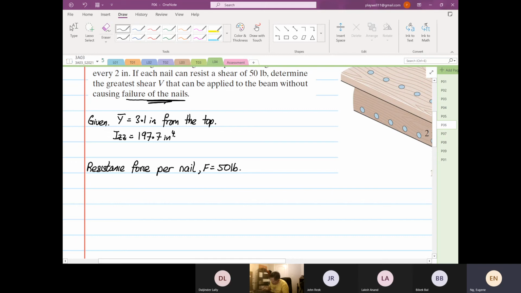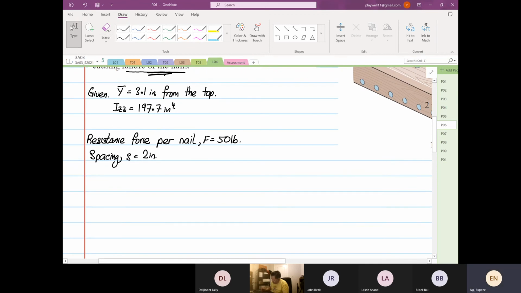And then we are given the spacing S is equal to 2 inches, right? So now we can calculate Q is equal to F divided by S, and this is 50 divided by 2, and is 25 pound per inch.